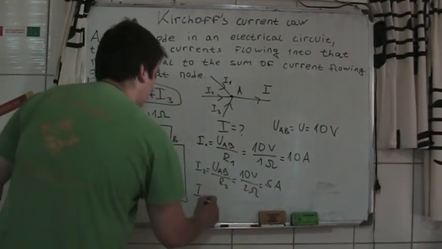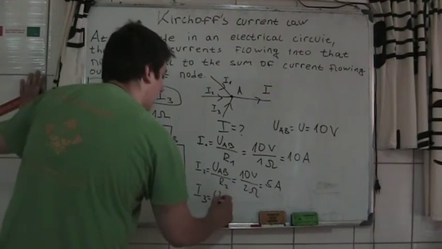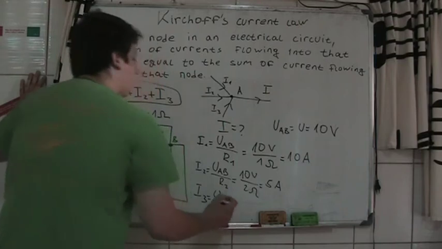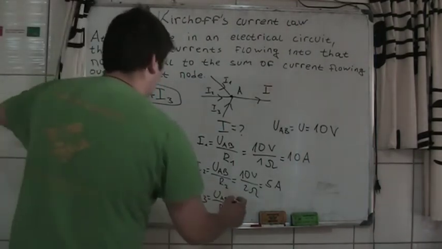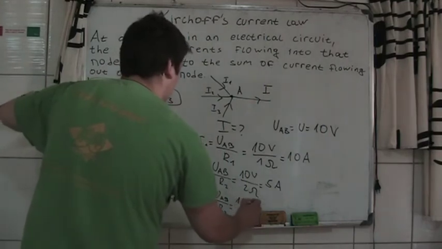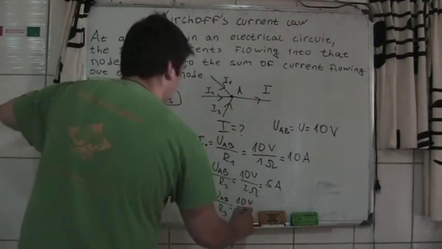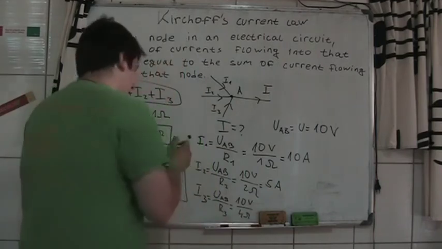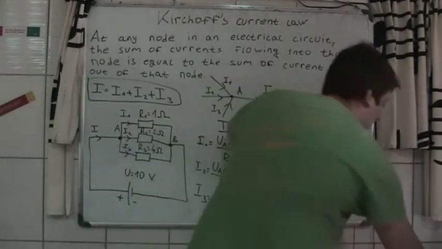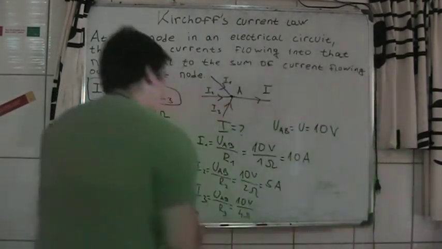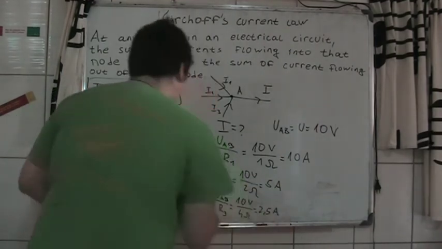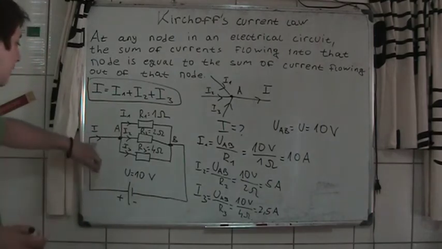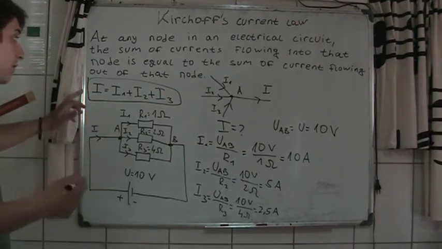I3, same story here, U_AB divided by R3, and that's 10 volts divided by 4 ohms, and that's 2.5 amperes.